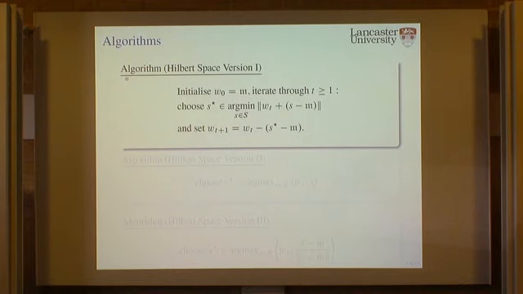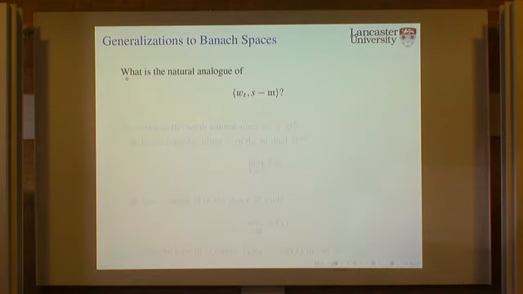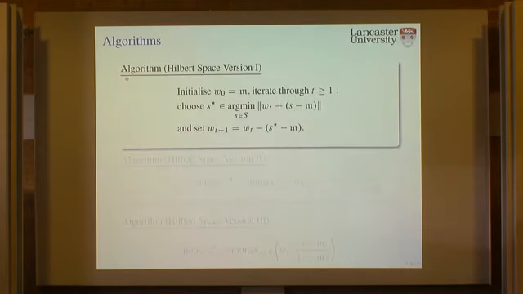Then you iterate. It's an iterative algorithm. At each stage, you choose an element out of your candidates that minimizes the next approximation error. If you choose it, you get the smallest approximation error at the next step. The right side here is WT plus 1, the approximation error at T plus 1, and this is argmin.